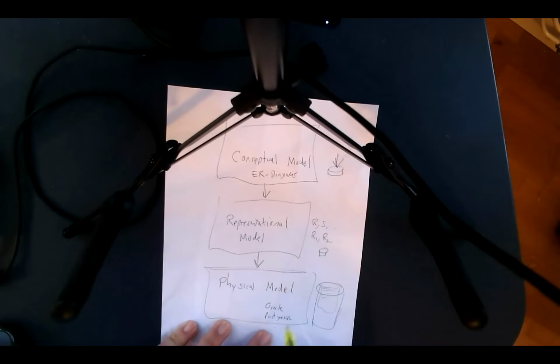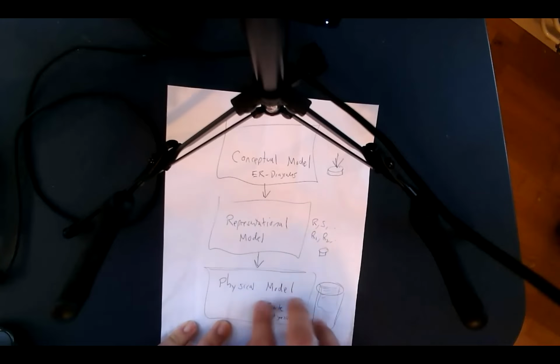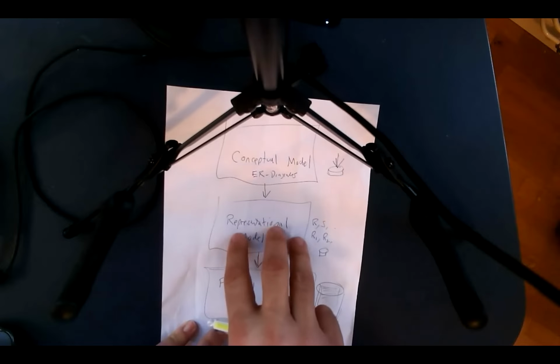So what we have is the notion of physical data independence. That means we can switch out the actual physical database. And we also have a notion of representational independence as well.